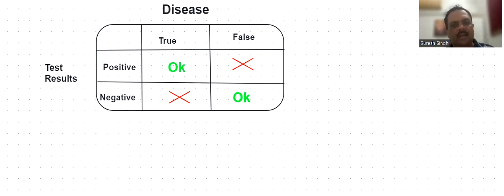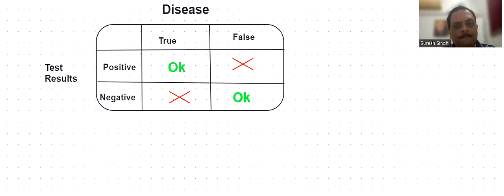Now there are two other scenarios: when the person is suffering from the disease, but the test result is saying that he is not suffering from the disease. Or sometimes the person is not suffering from the disease, but the test result is saying that person is suffering from the disease.